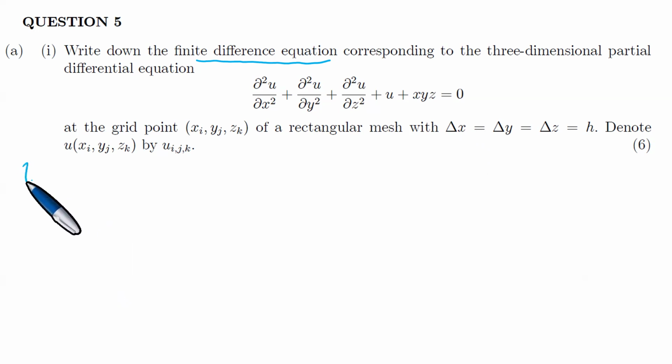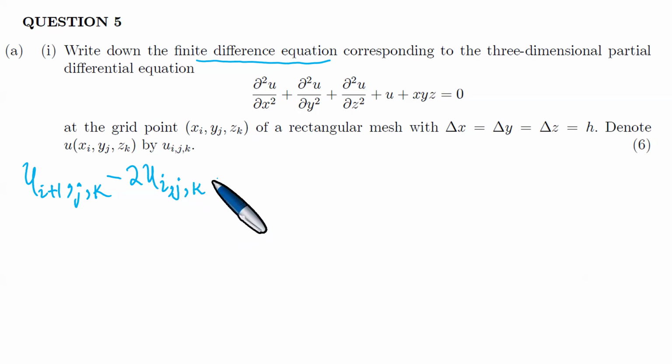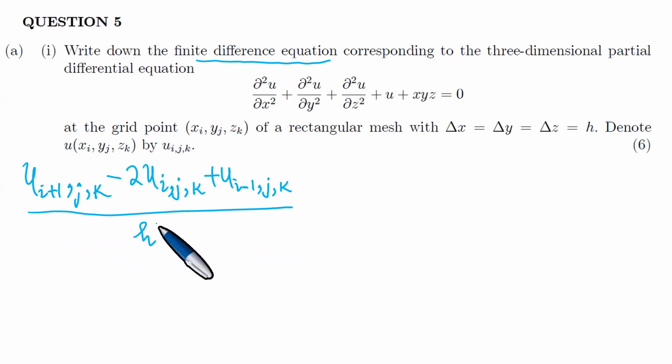In which case, you have u i plus 1 j k minus 2 u i j k plus u i minus 1 j k, divided by h squared.